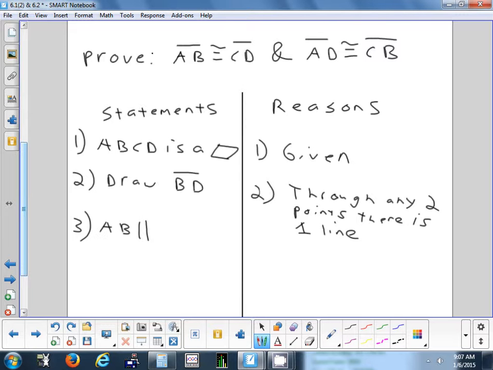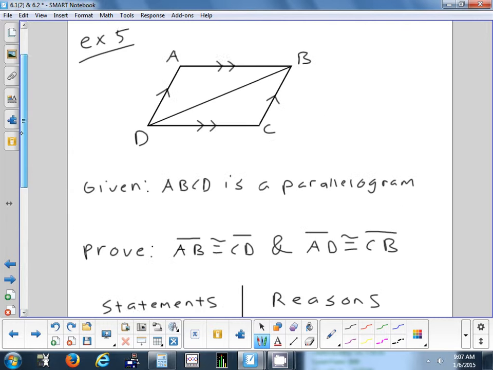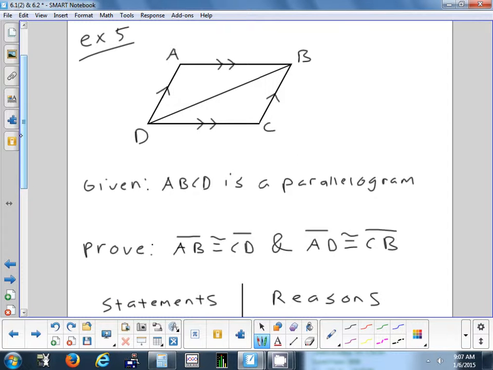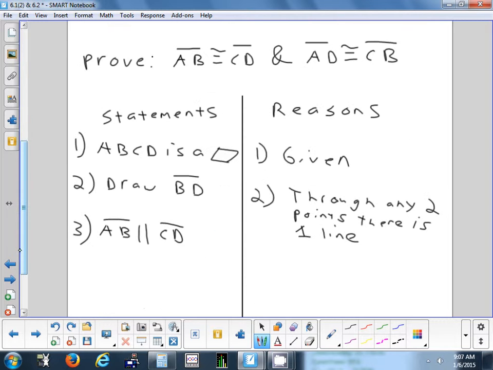AB is parallel to CD. And what else do we have? AD and CB. The reason for that is the definition of a parallelogram. You said it was a parallelogram, now you're going into the definition.